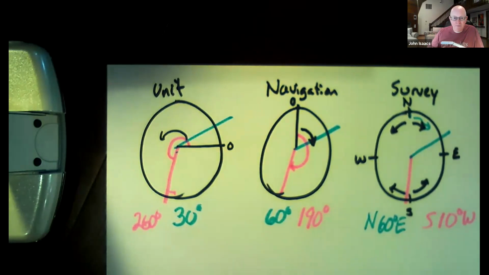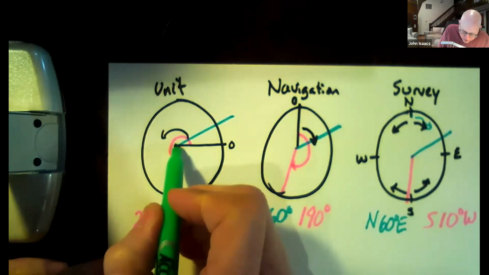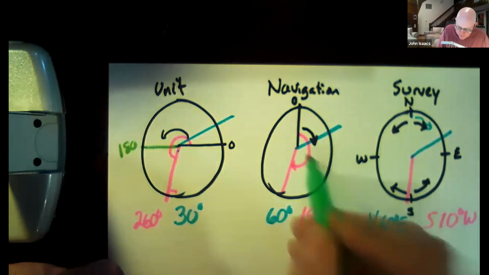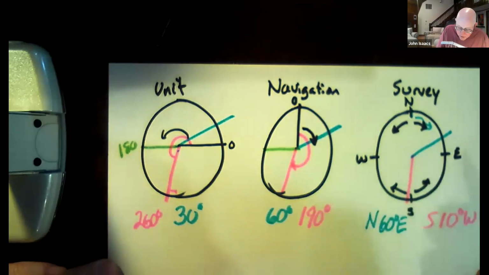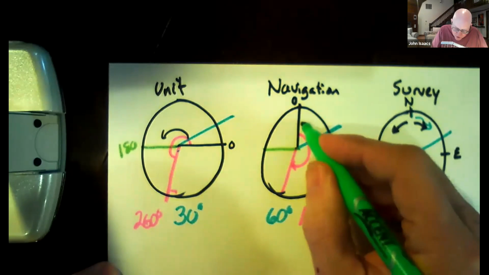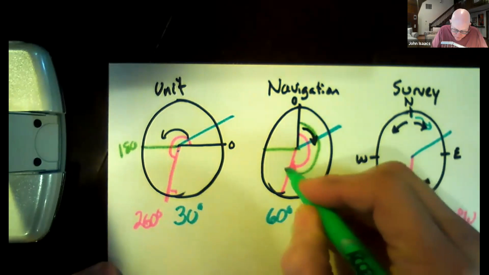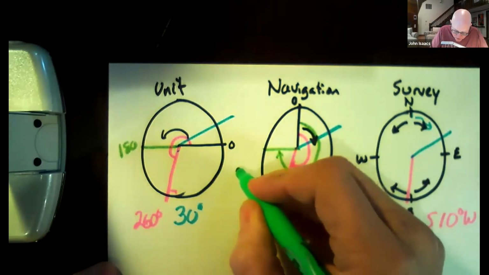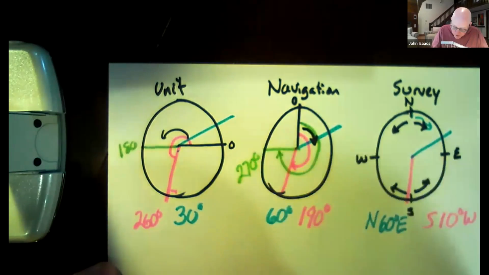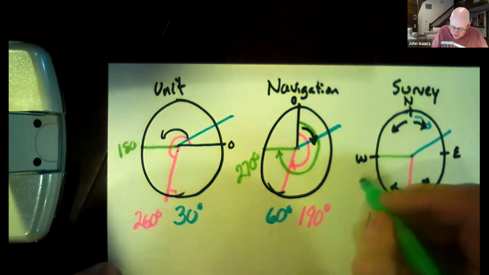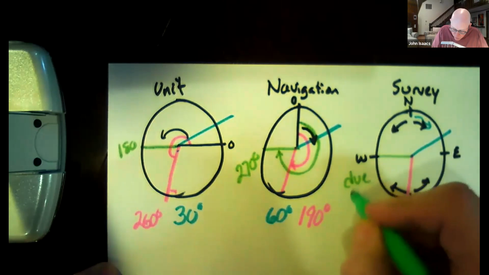Let's do pi, also known as 180 degrees. So 180 degrees on the unit circle would be due west, right? On the navigation circle, we could call that 270 degrees. On the survey circle, we only refer to it as due west.